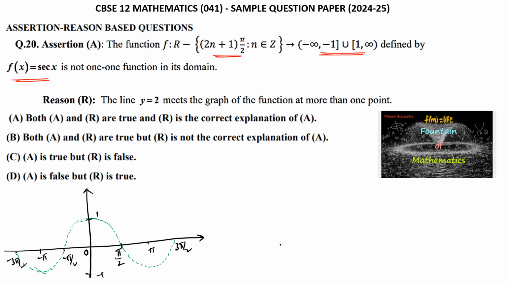So this is minus 1. And the secant x graph can be taken: at pi by 2, it is not defined.